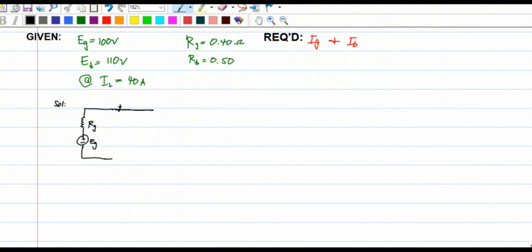And here is the parallel battery with a resistance of 0.5 and EMF of 110.